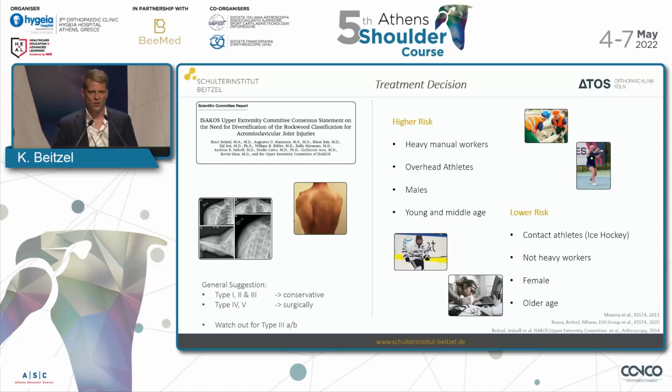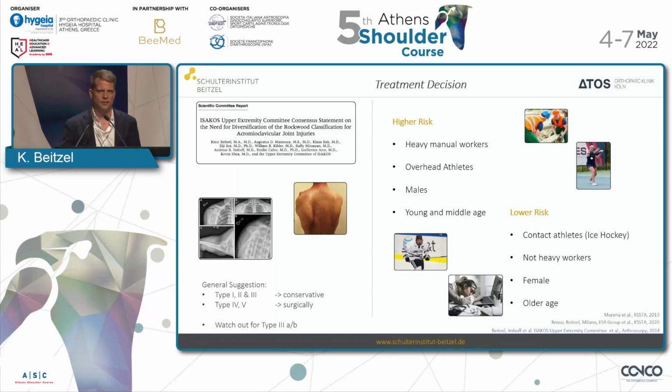Because we know that heavy manual workers and overhead athletes are rather more the ones who might have problems later on with an instability of the AC joint. This is what we find when we look at our chronic instability patients. I rather see very few females.